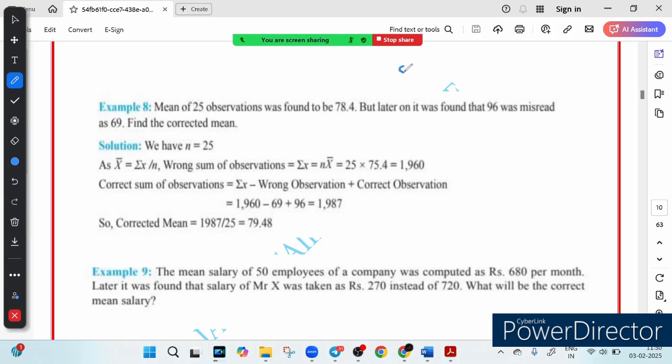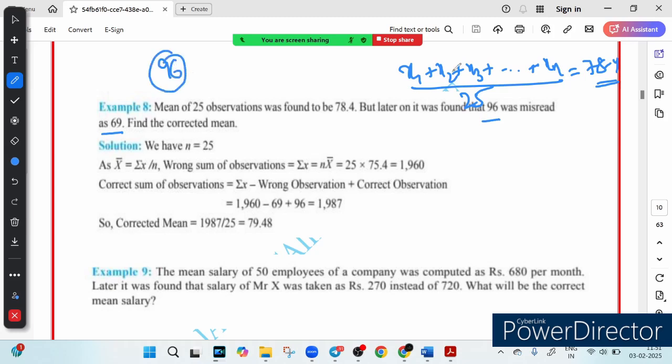So let's say the observations were x1 plus x2 plus x3 plus dot dot dot plus x25, divided by 25, and this was 78.4. Later on it was found that 96 was misread as 69. What happened? It was written 96, but here you have taken 69. So suppose x3 you took as 69, but you should have taken 96.